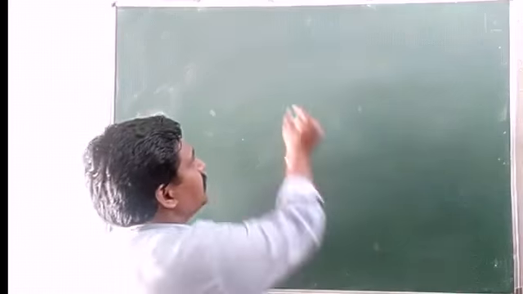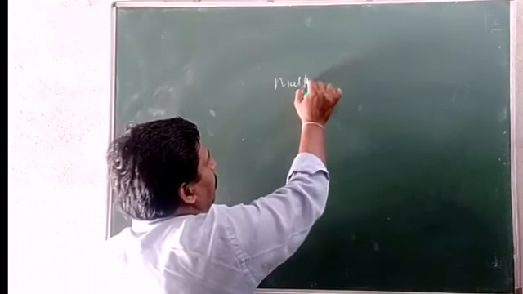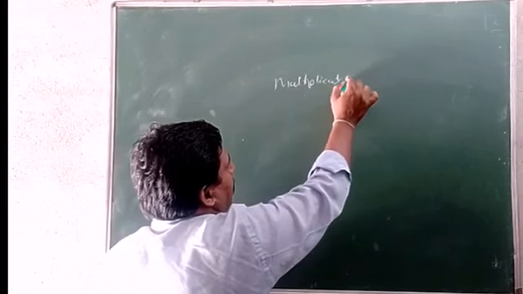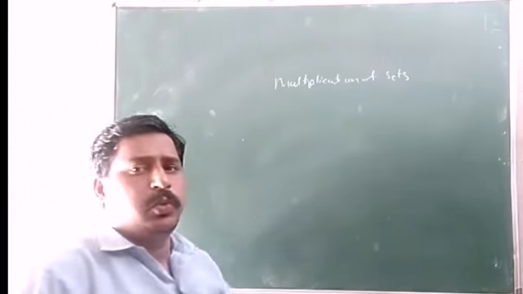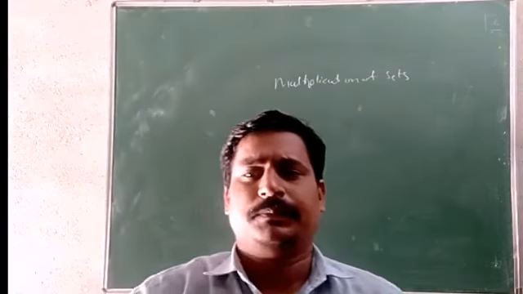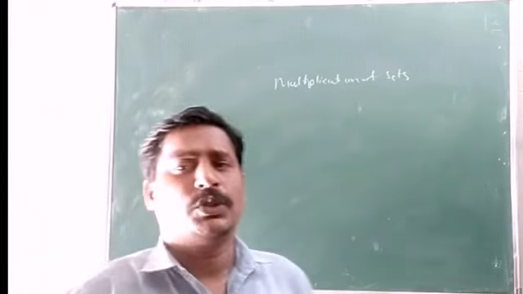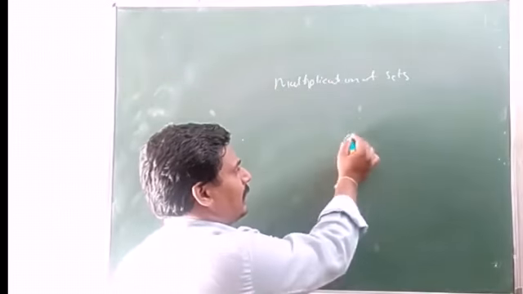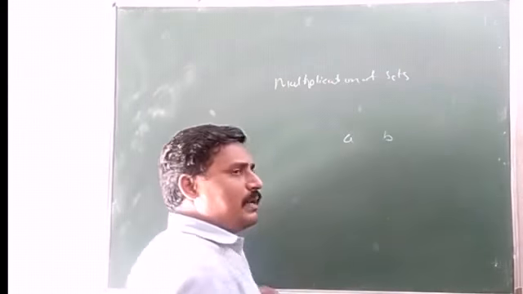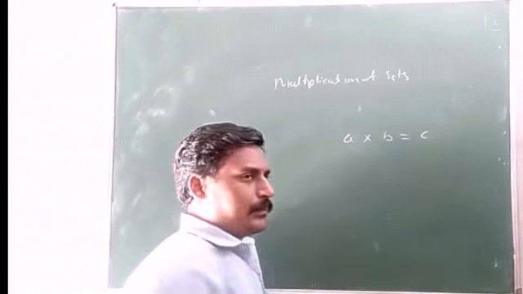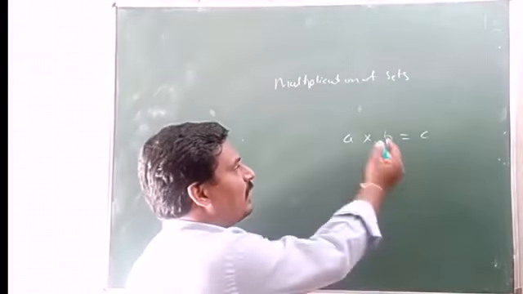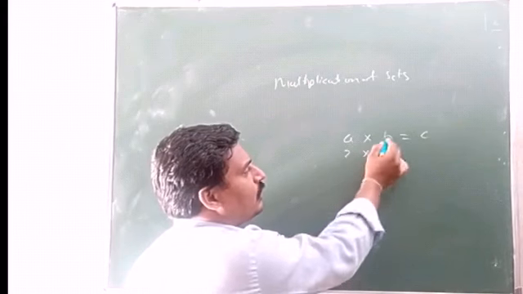Now, multiplication of sets. How do we multiply here? Suppose two figures A and B are there. Multiplication of A and B means A into B is equal to C. Suppose the value of A is 2 and the value of B is 3.